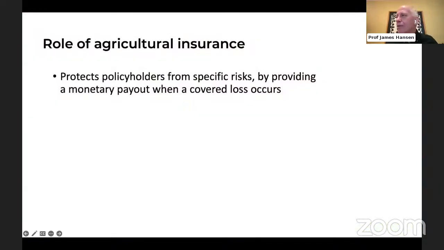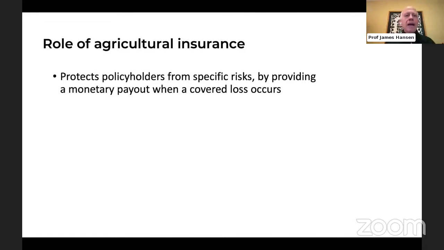I don't know how many of you have encountered index-based insurance before. It's becoming more and more widespread, so I'm suspecting many of you have heard of it and may already be familiar. And this will be a fairly superficial introduction.